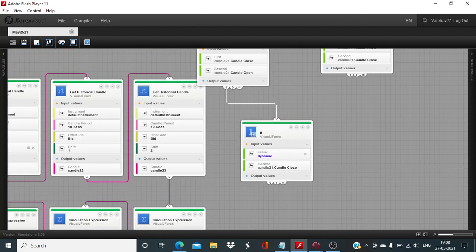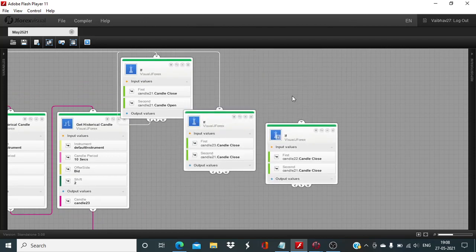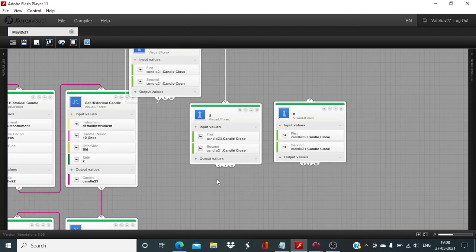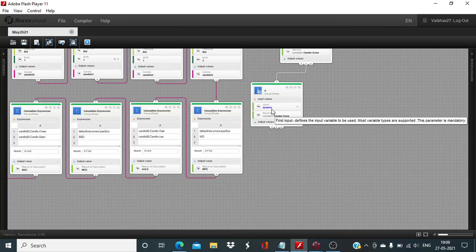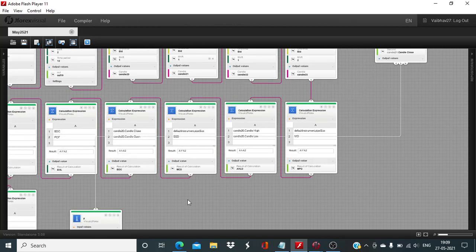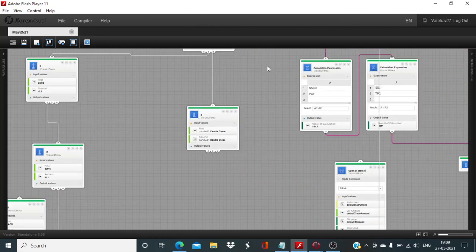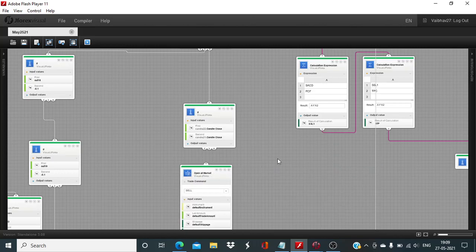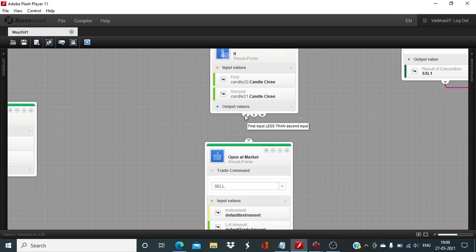Candle 23rd candle close should have been higher, as candle 23 has a look back period of 2, and then the candle 22nd candle close should have been lower. So now we will need to join it to the open at market block. First input less than second input. Okay.